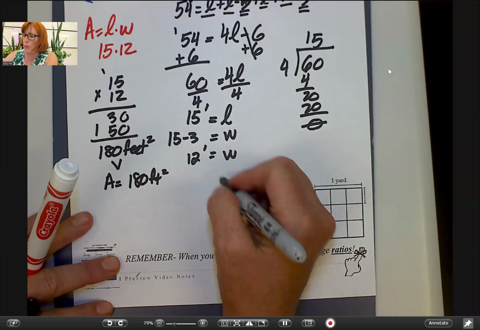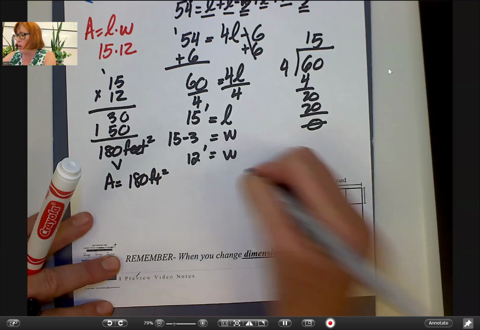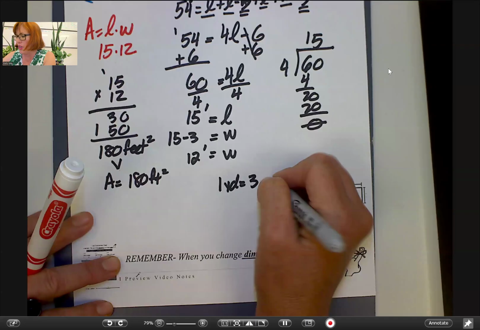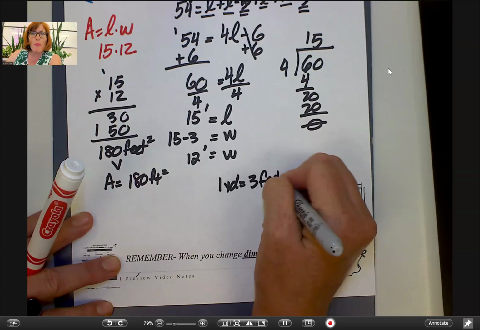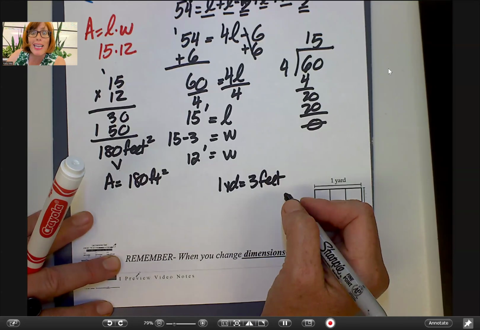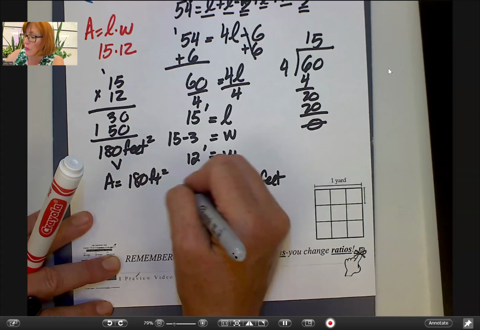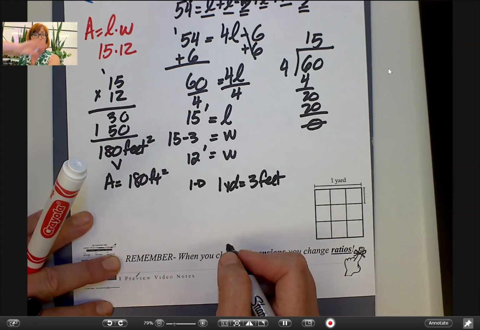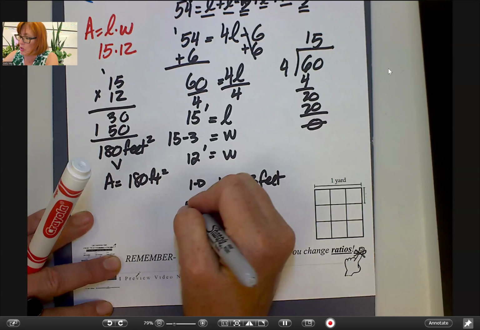Now, you probably learned a long time ago that 1 yard is 3 feet. Because 1 yard is 3 feet only in the first dimension, which is length. Area is a 2-dimensional concept.